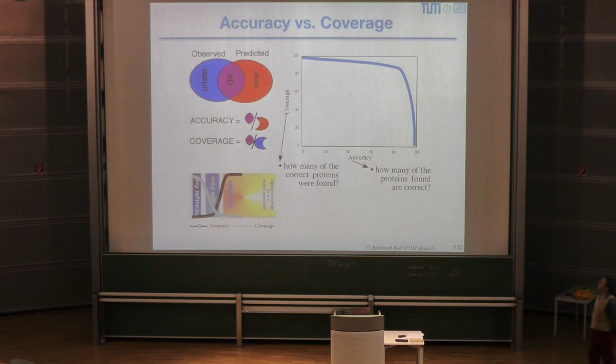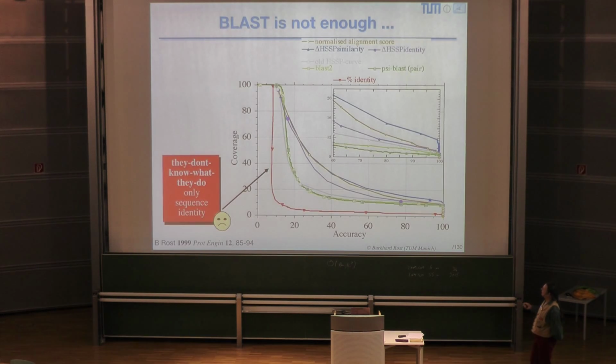Now, overall, in terms of the accuracy versus coverage, accuracy is how many of the proteins that you find are correct. Coverage, how many of the ones that you want to find you do find. Ideally, you want to be somewhere here. And pairwise alignment methods are here. So again, the dumbest thing to do is to use sequence identity only with Smith-Waterman or whatever you do, and you're down here.